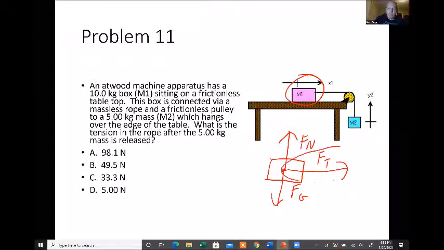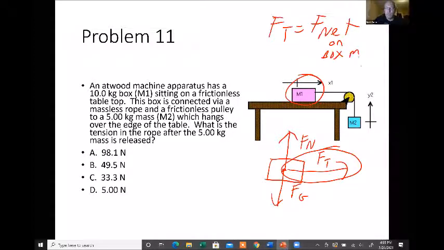This tension force, therefore, is my net force because it's the only unbalanced force acting on box M1. So we can calculate the net force acting on box M1 just by using Newton's second law.